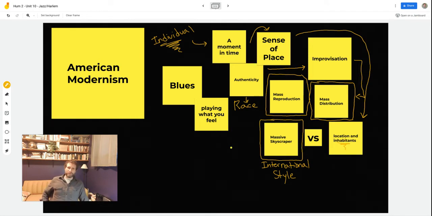And so I just want you to get this sense that American modernism is very much about these kind of opposing tensions. I think a lot of people during this era were very excited about modernity and the cars and the airplanes and the first flights across the Atlantic Ocean and all of these new inventions and products that they were able to buy.